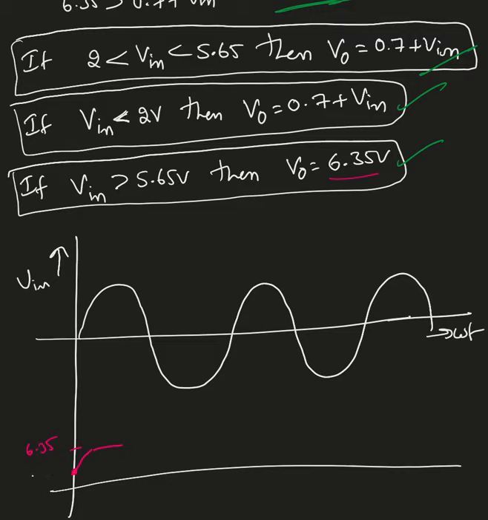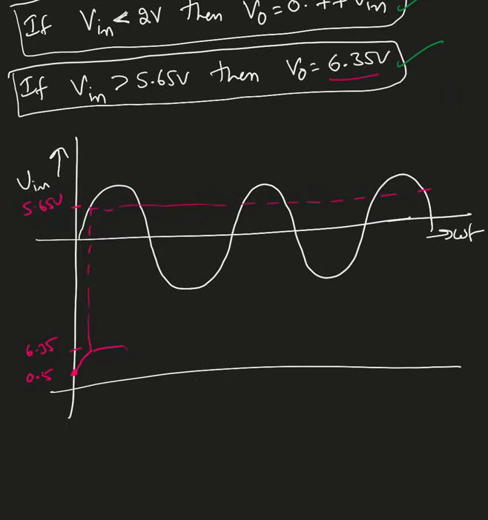You need to indicate all these values in the waveform to get the full credit. And this must be 5.65 volts. Okay, and the rest of the cycle, so below 2, this is my output, and even between 2 and 5.65, that's my output. So it's going to look something like this.